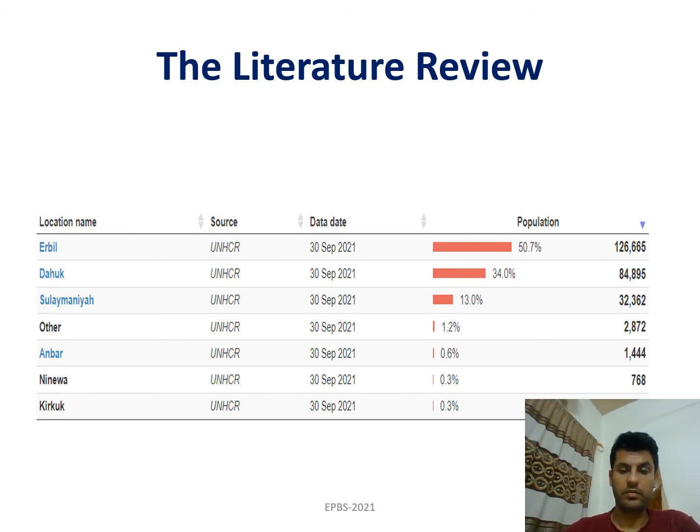In Duhok, 54%, and Suleimani, 13%. And the other cities or provinces, there are some, but the main shelter for refugees are these three provinces, according to UNHCR.